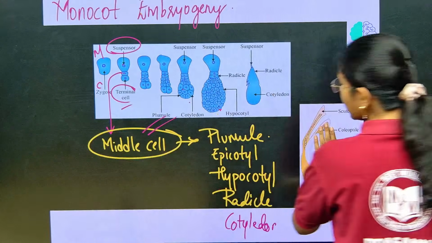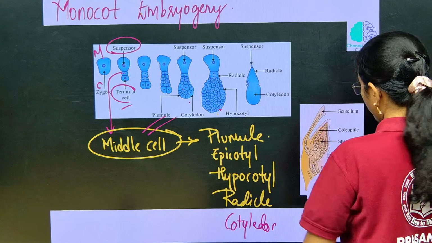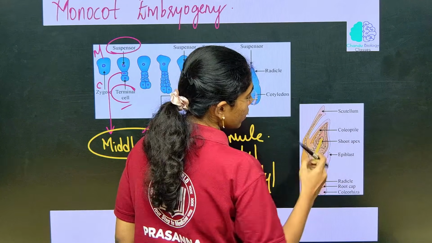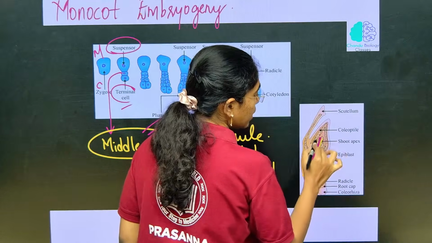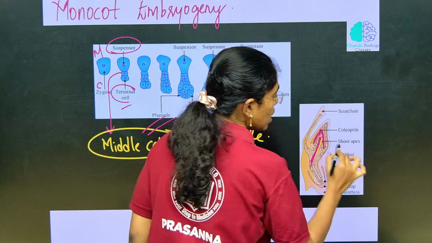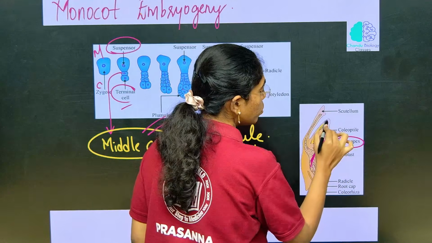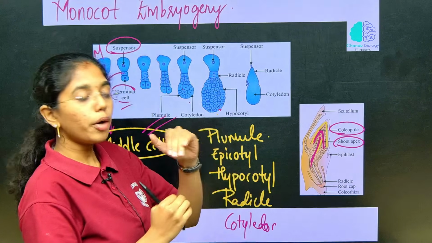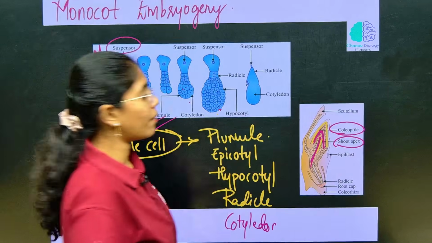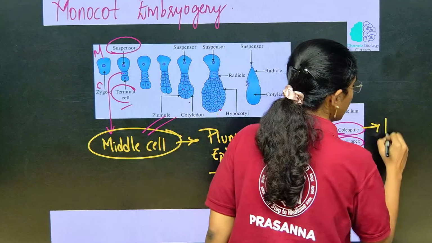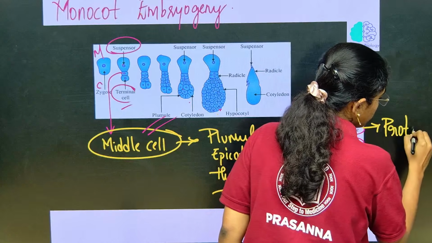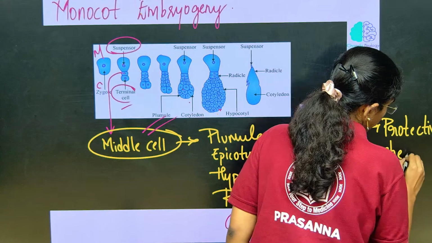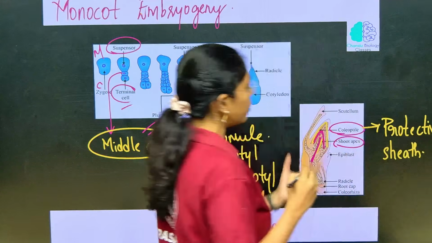Here you can see the rough diagram of a maize embryo, wherein you can clearly make out the embryonal axis. The tip of the embryonal axis is the shoot apex. Covering the shoot apex is the sheath, the coleoptile, a protective sheath covering the shoot apex.